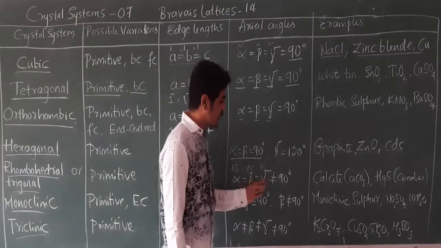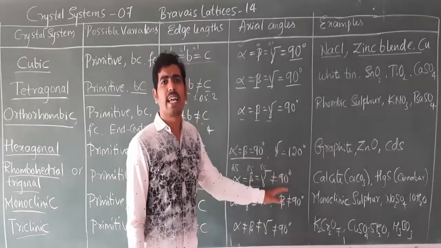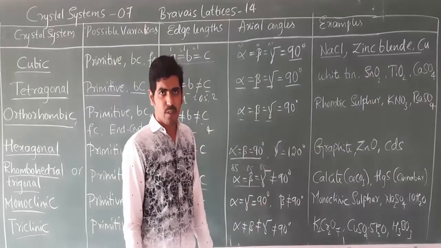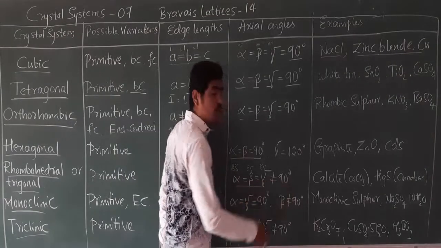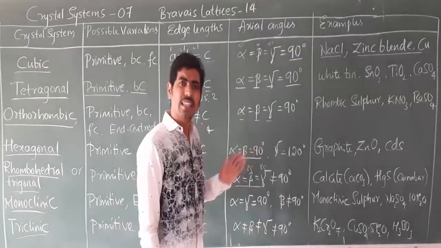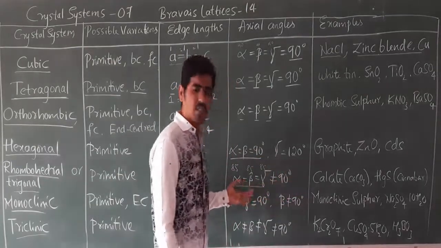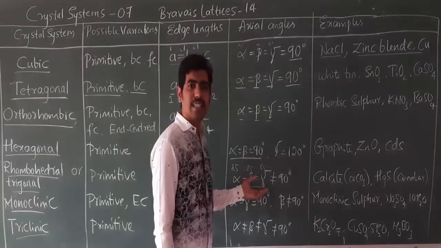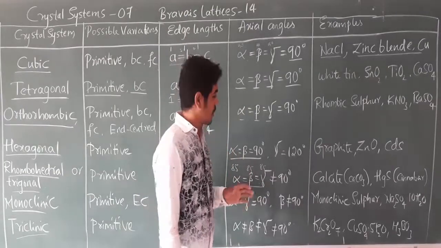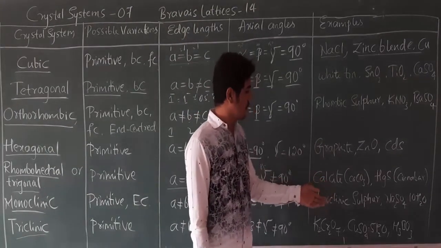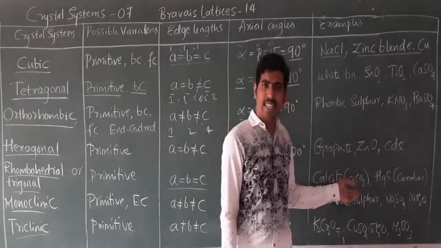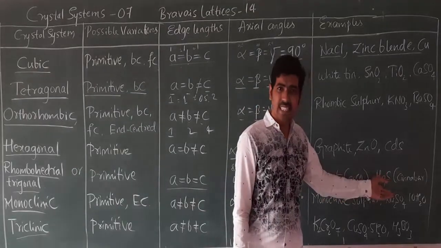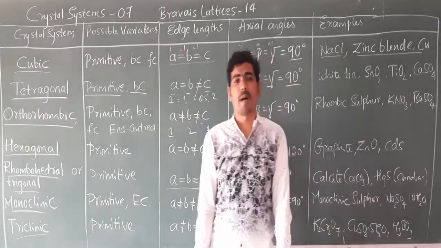But all these three never have the angle 90 degrees. All these angles are equal, but they are not equal to 90 degrees. Then the examples of this type of crystal system are calcite, that is calcium carbonate, and HgS, that is cinnabar.